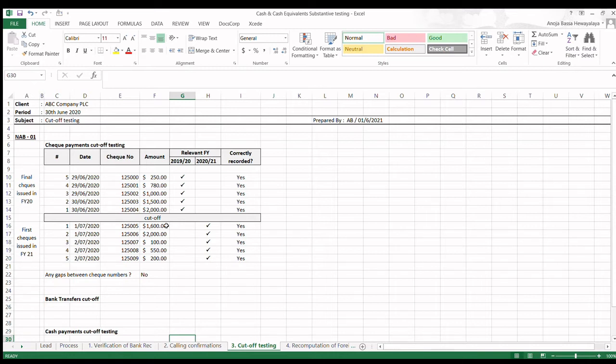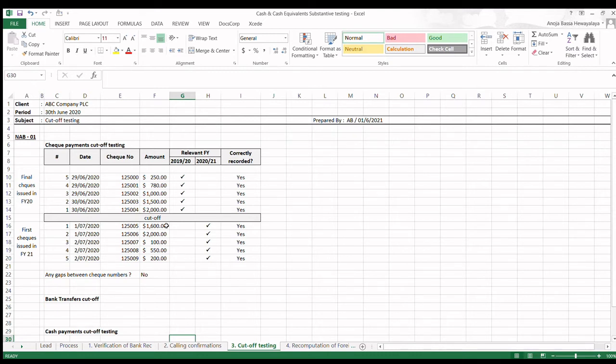That person might think this bill relates to June and I should post the cash entry to June, which is not the correct scenario. Yes, the expense should be recognized in June, but the actual cash payment is being done in July. So you have to recognize the cash payment in July even though the bill relates to the previous period.